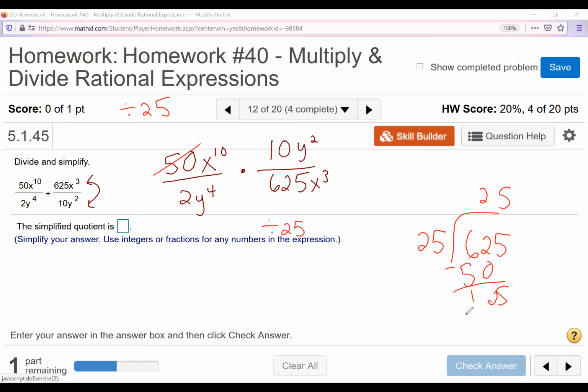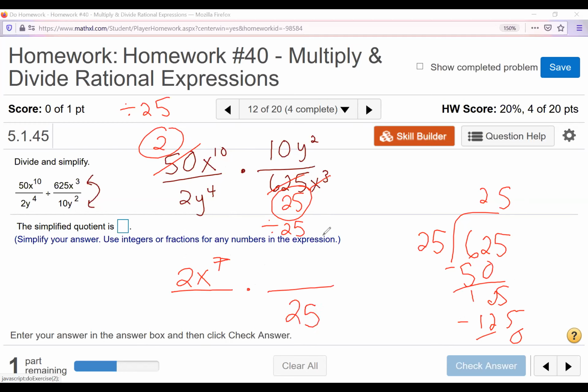Right, and that's 5. Yeah, that's what I thought. Okay, 625 divided by 25 is 25. 50 divided by 25 is 2. And then we can subtract those exponents with the x's. 10 minus 3 would be 7. So 2 and then x to the 7th is left up here in the numerator times, and then down here, 25 is all that's left in the denominator.